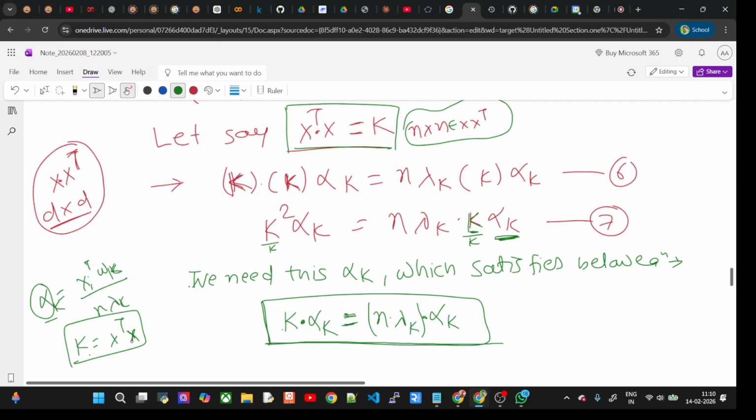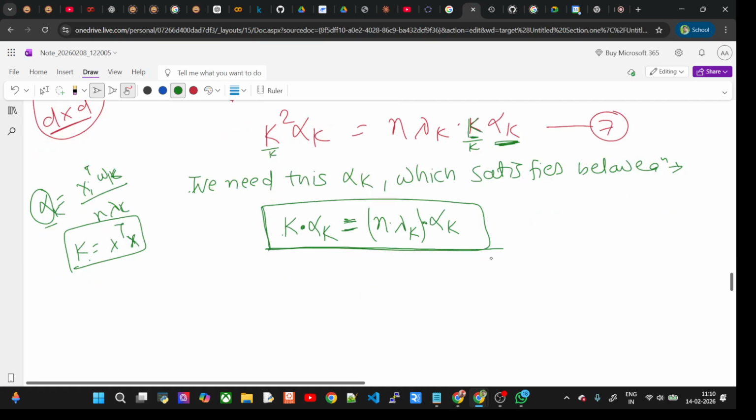So if you do x transpose x into alpha k equal to n lambda k into alpha k, that you need to satisfy. But you will say, okay, what does this equation look like? It looks like something I know, like A into v equal to lambda v. That is the eigen equation, we know that A v equal to lambda v.